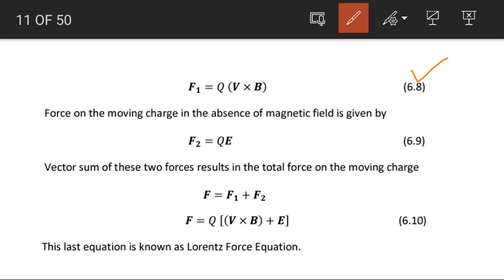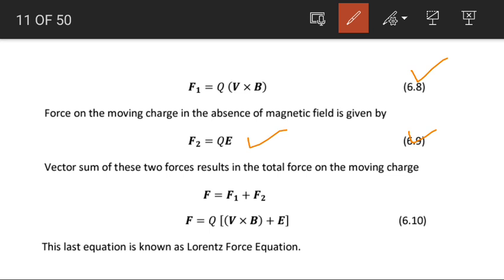So F1 will be equal to Q into V cross B. Then we assume that the magnetic field does not exist in the vicinity of the moving charge. So the force which is experienced by this moving charge in the presence of the electric field is given by equation number 6.9. This force is represented by F2. So F2 will be equal to QE.